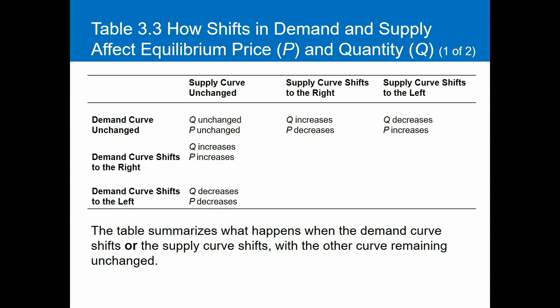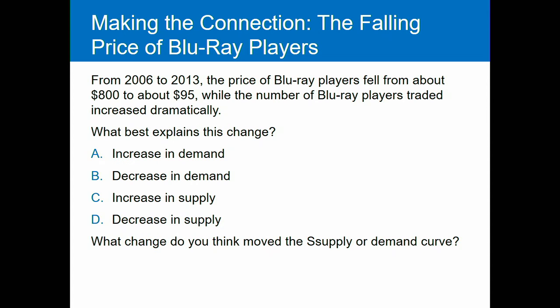If the supply curve shifts to the left, supply decreases, the quantity is going to decrease and the price is going to increase. You can also have supply and demand curves moving at the same time, but when that happens, you can't, without looking at the magnitude of the shifts in the curve, just say what's going to happen. So it's dependent on the situation and how we draw them.